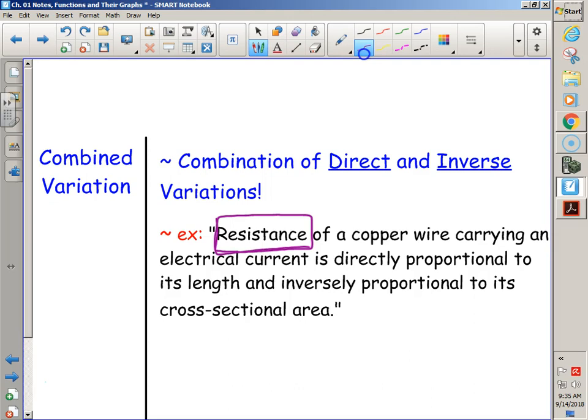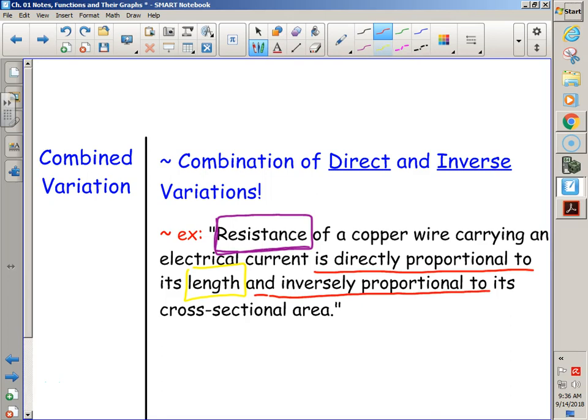Who's the X? Do you see how we have one relationship here? And what is it directly proportional to? Length. But what else do we have? What other word? And inversely proportional to.